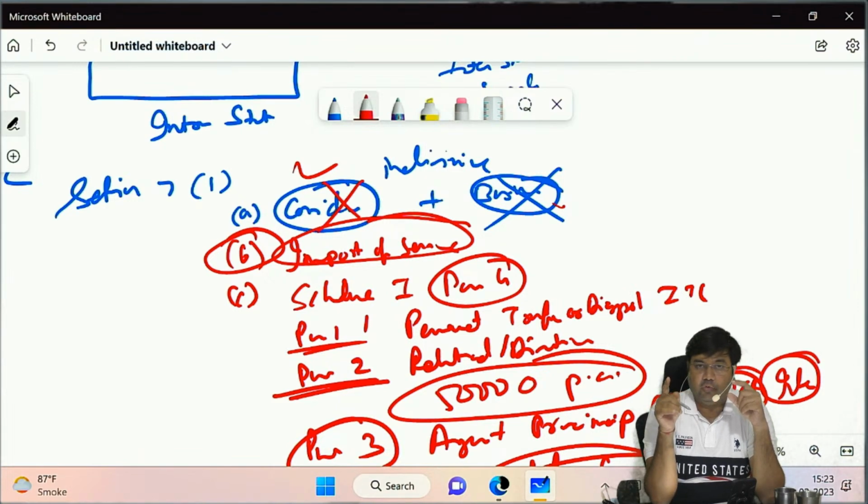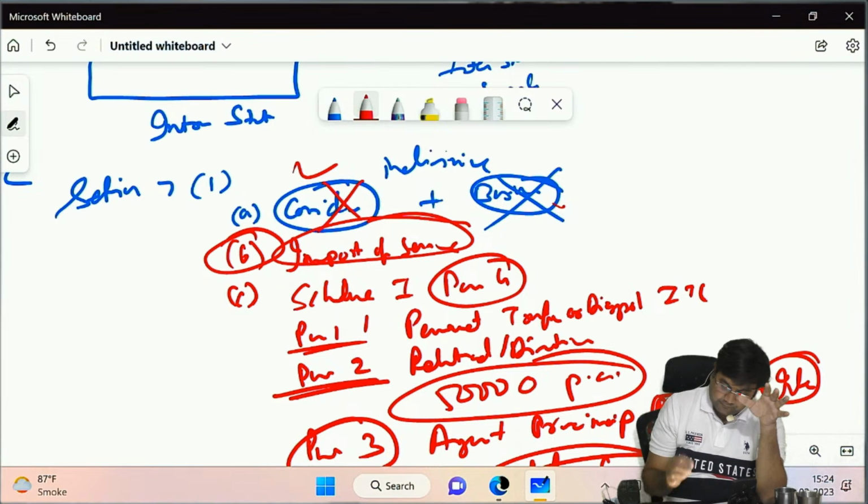Para 4 of schedule 1, import of services, is restricted to related parties only, where consideration is not there but business is there. Whereas in clause B, import of services for consideration, business may be there or may not be there.